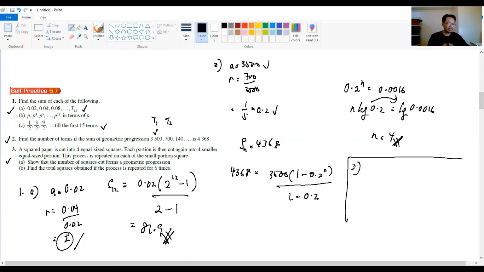Let's say I have one piece of calculator, and assume that this calculator is a square. What happens next is I divide it into 4 equal squares, and then each of the small squares I divide into 4 again.